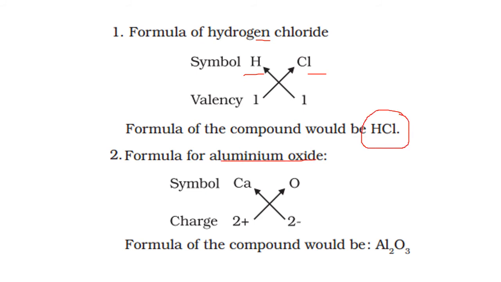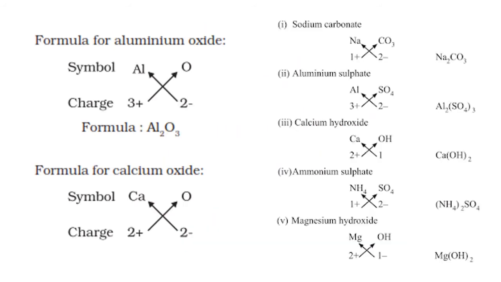In the same way, aluminum oxide. Instead of Ca here, it would be aluminum, Al, and oxygen 2 minus. When you crisscross multiply, this is the wrong one, don't look at this one. So here you can see aluminum oxide, aluminum is 3 plus and oxygen is 2 minus.